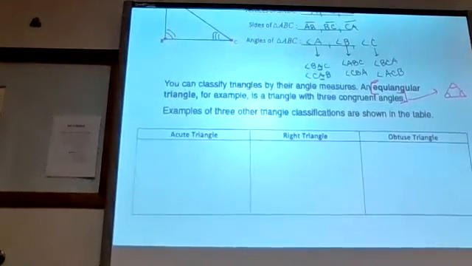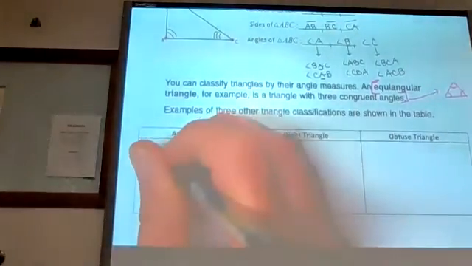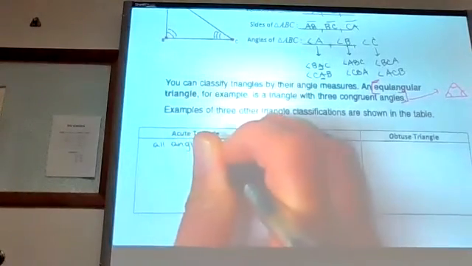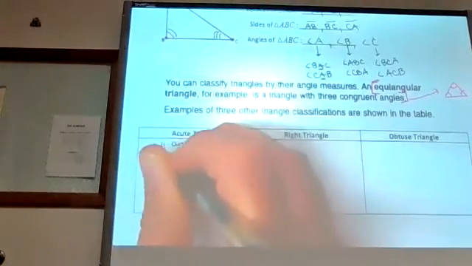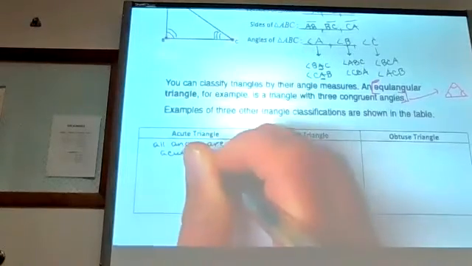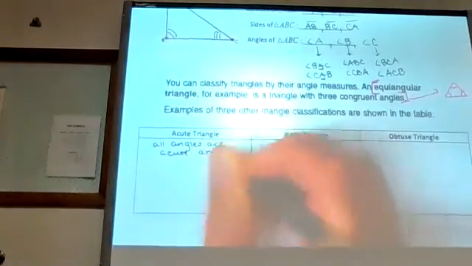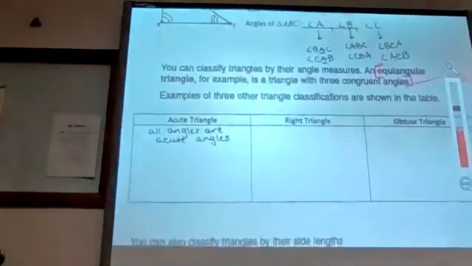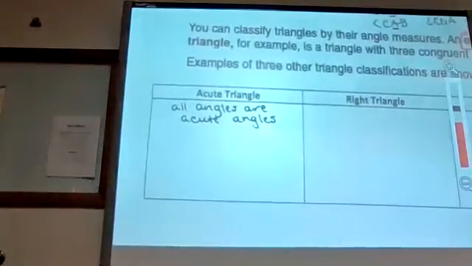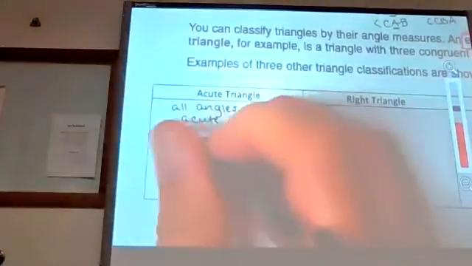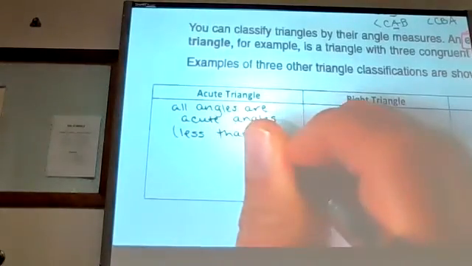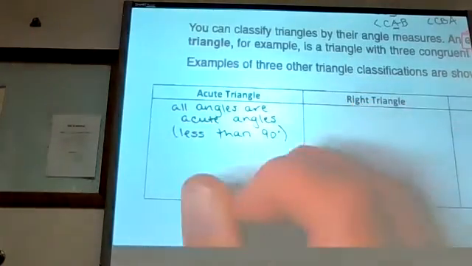An acute triangle means that all of the angles are acute angles. So what does acute mean? Less than 90, right? All of the angles are acute angles or less than 90 degrees.